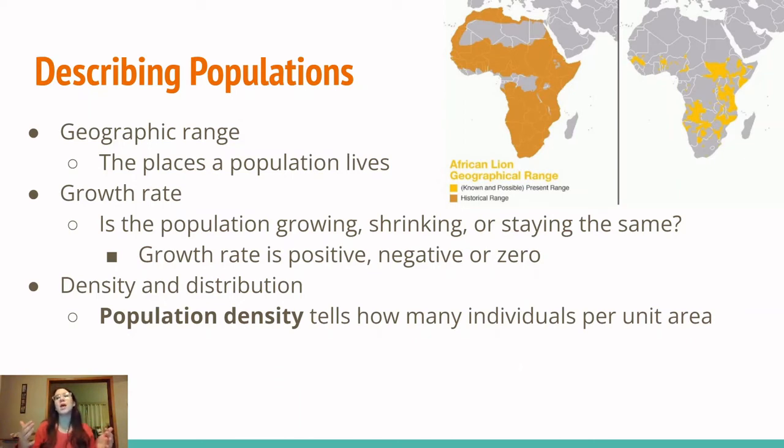If I went out and counted the number of white-tailed deer in a section of land, that would be my population density. I could go to a couple sections over and do the same thing, and then I can compare those densities, and wow, there's a lot of deer that like to hang out in this section and not in this.